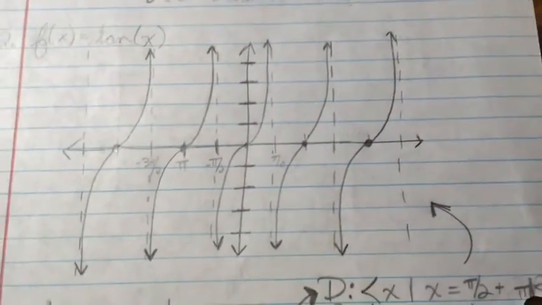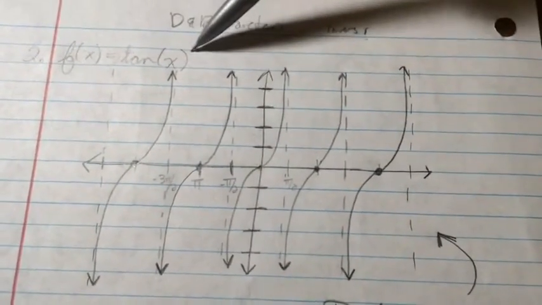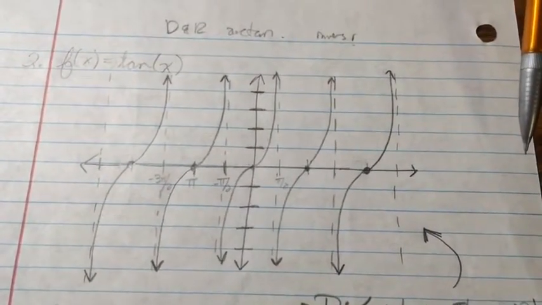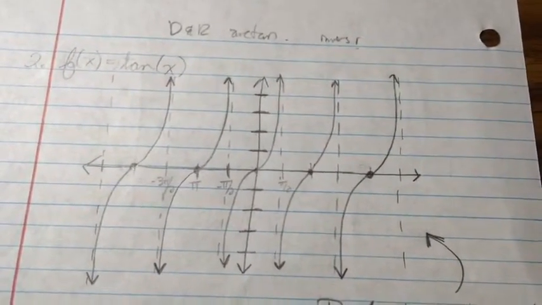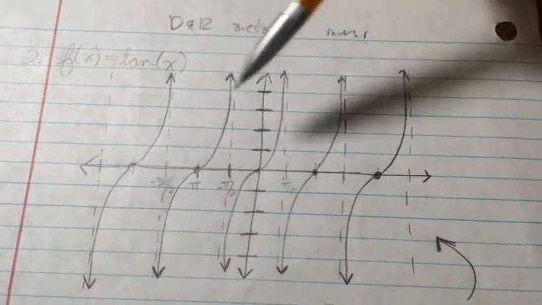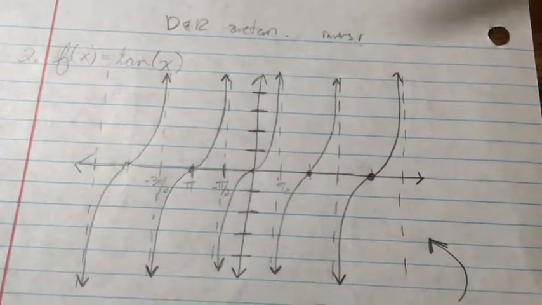Now the second question that you posed to us was to explain how tangent x is not one-to-one over all the intervals. And so when you think about all the domains, you think about every point.